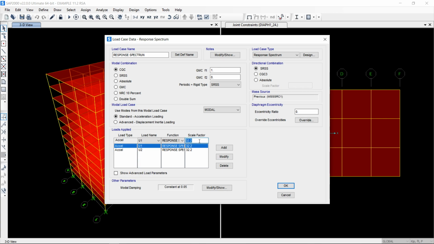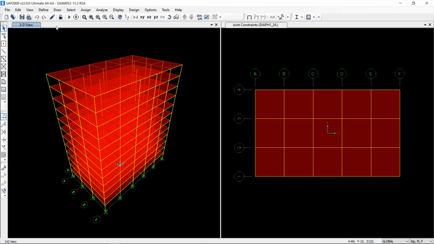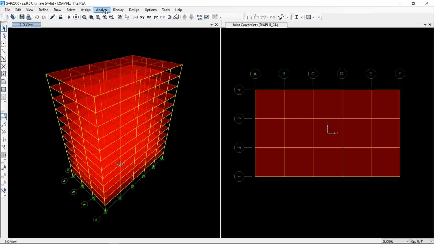Now our multiplication factor shall be 9.85343, modify, and this one again 9.85343, it should also be modified. So this is how we obtain the scale factor. Okay, so let me run once more. Let's save the file before. Analyze.